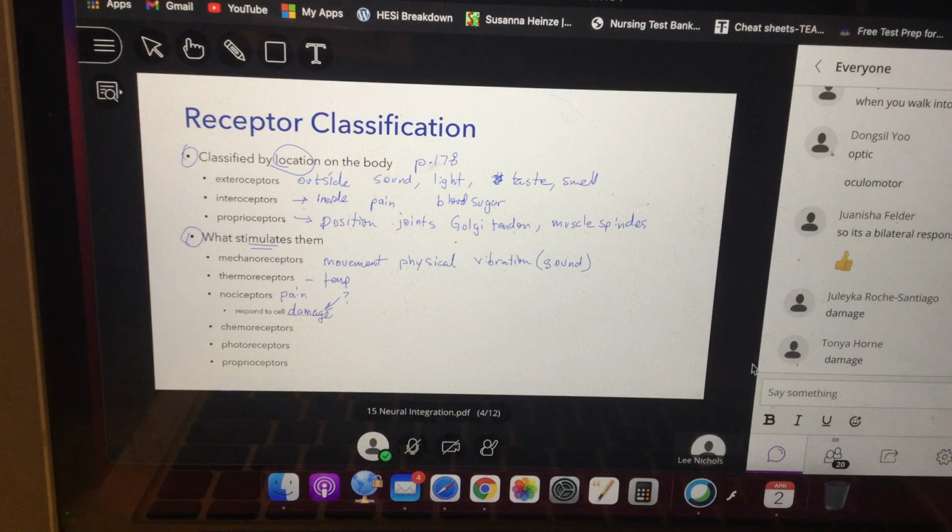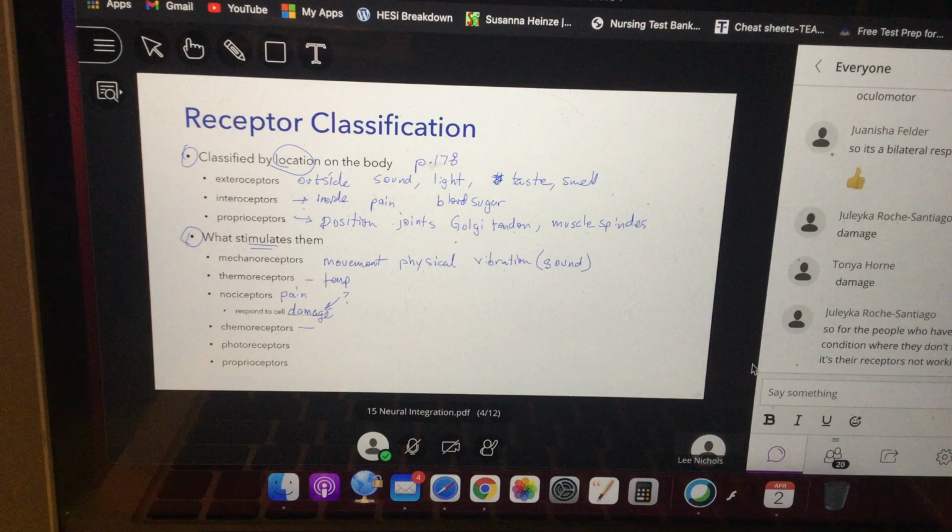At the cellular chemical level, it's a way cells let your brain know that somebody's been hurt. Chemoreceptors are responsive to specific chemicals. I mentioned the cells in your pancreas that are measuring blood sugar. But exteroreceptors, examples of those would be taste and smell.